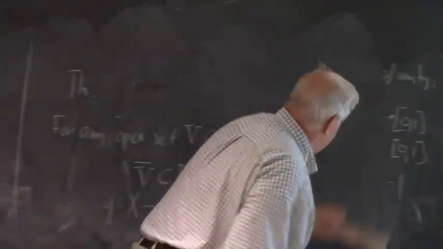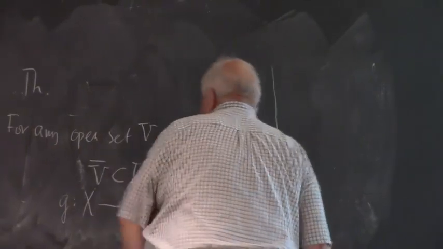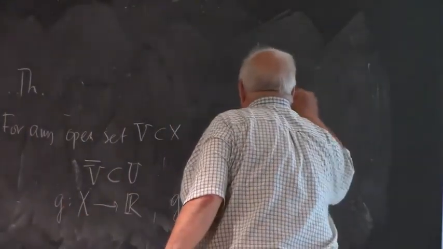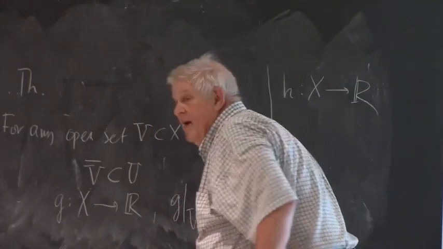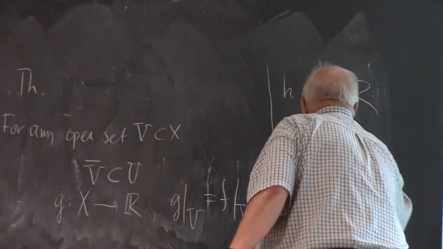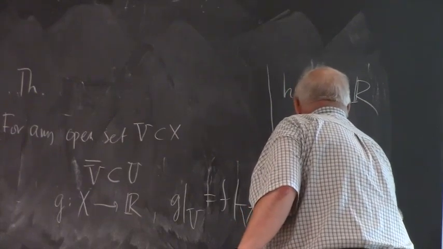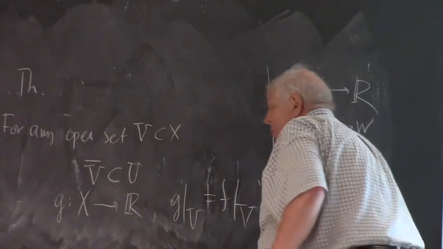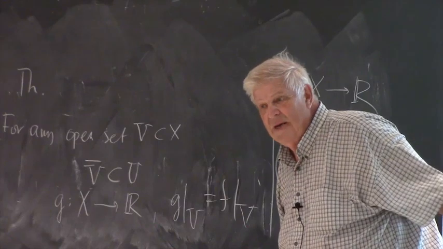I write it here. As before, you find the function h, X into R. So this is U, this is V, and we need some intermediate set W. Always possible.